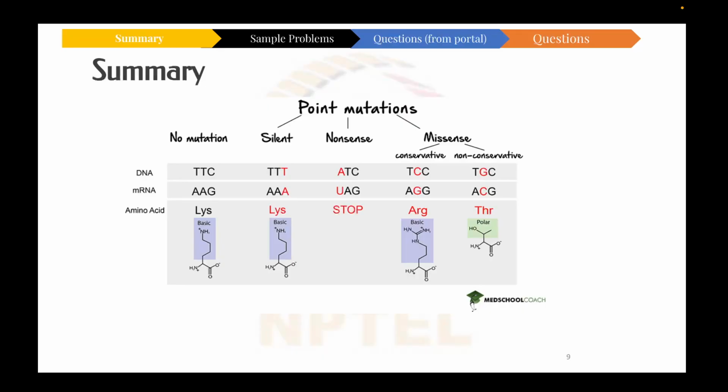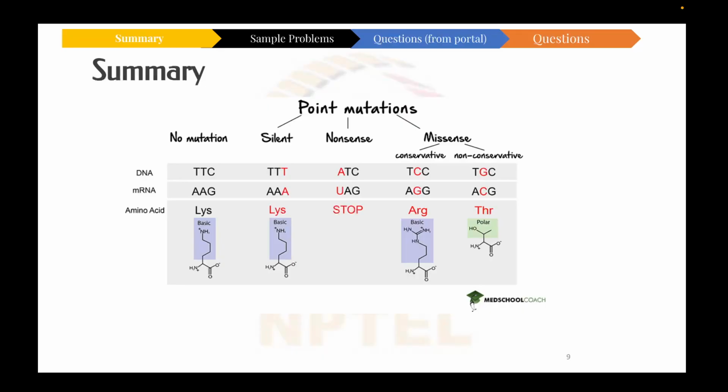Then the last type of point mutation is nonsense. A nonsense mutation is a mutation that results in the formation of a stop codon. There are only three possible stop codons.